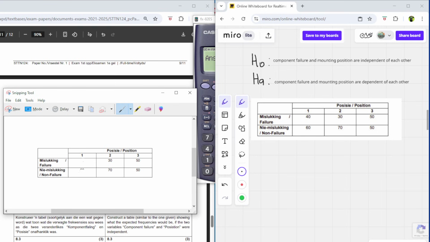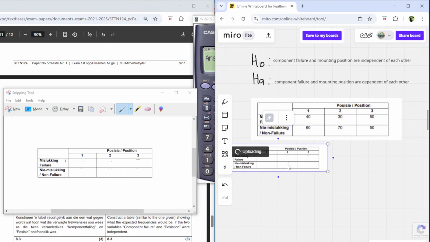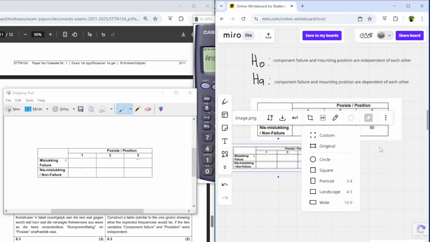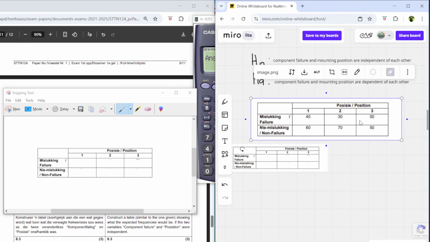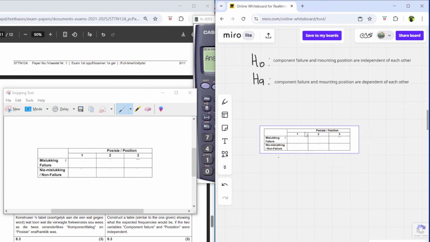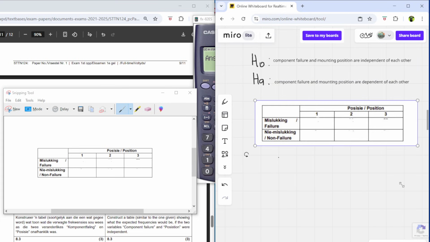I want to erase these numbers. There we go. Copy, paste.